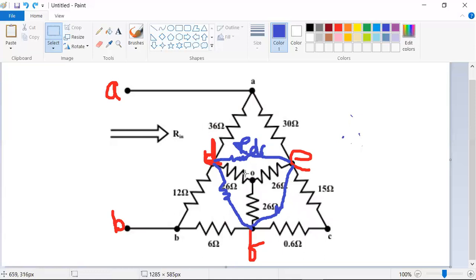So by changing this value, so this is the value.